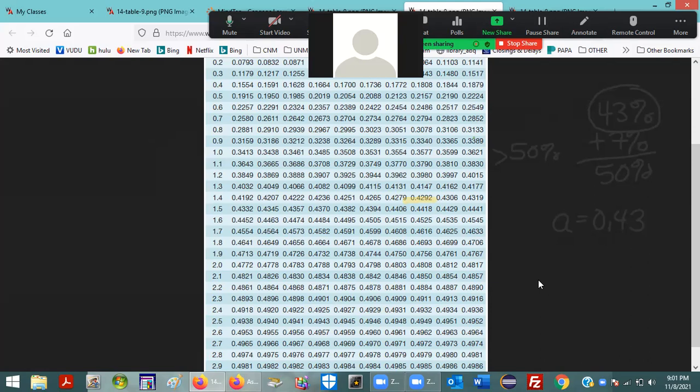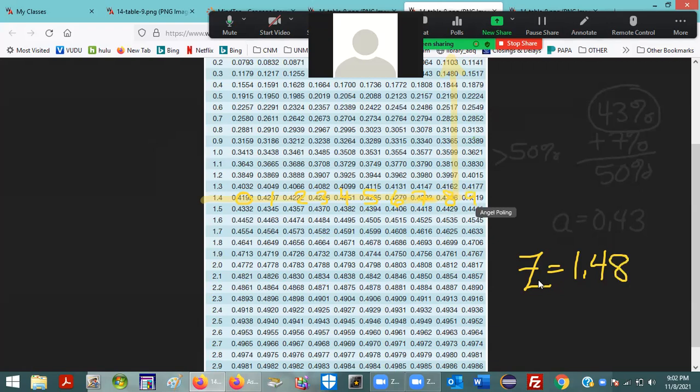So that one's actually closer, right? So we have a z-score of 1.4, and then we have to go up to the top of this column, right? So right now we have z equals 1.4. And this is actually our 0, 1, 2, 3, 4, 5, 6, 7, 8, right?